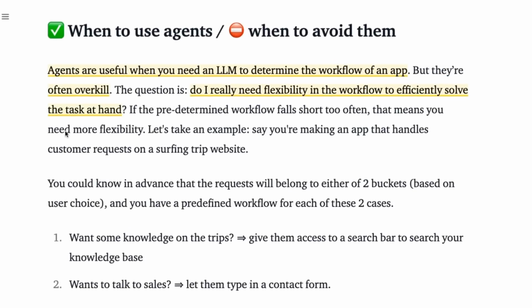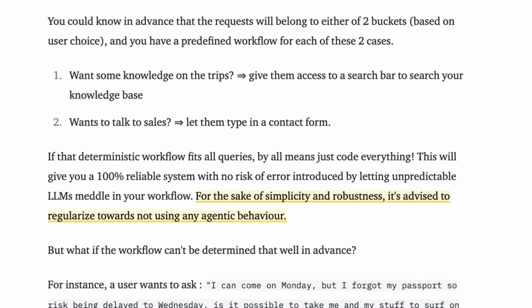They have a whole section in their blog post about when to use agents, when to avoid agents. I certainly would concur with most of what they've got in here, that for a lot of things, people do not need agents. People are making a big deal about things that can just be done as a simple workflow. If you haven't seen the recent Anthropic blog post all about that, I'd recommend you go and read that.